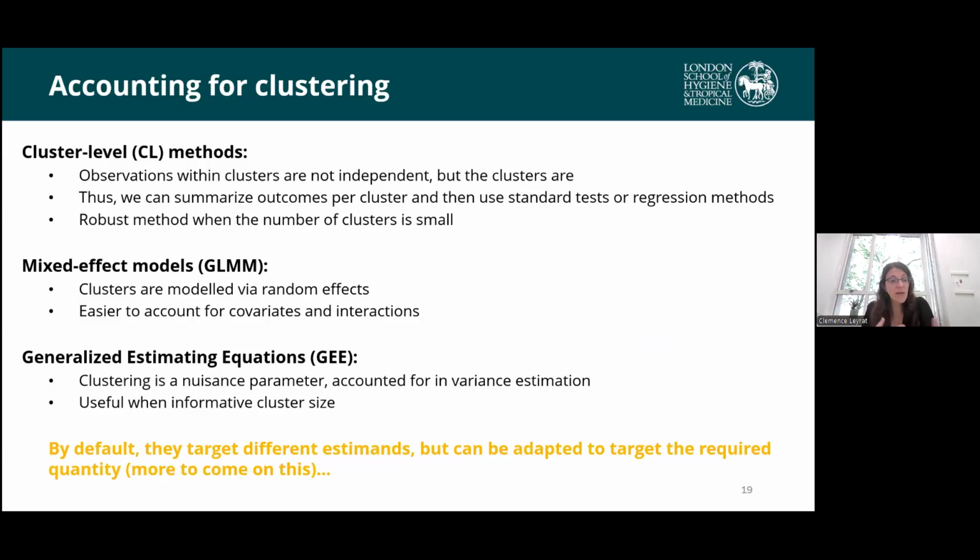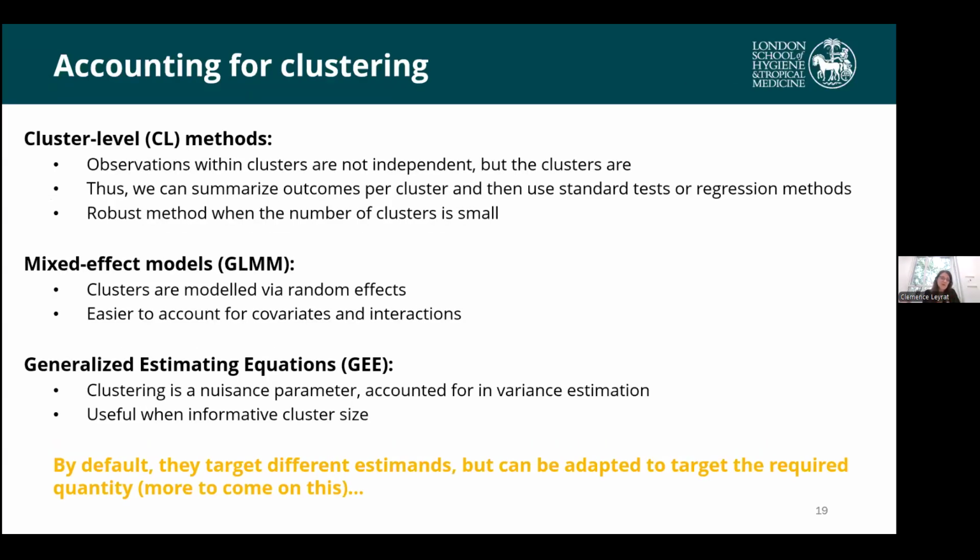But then we may want to use individual level models like mixed effect models, where the clusters are modeled via random effects directly. And then with regression models, it's usually easier to account for covariates and interactions, but we need more clusters.